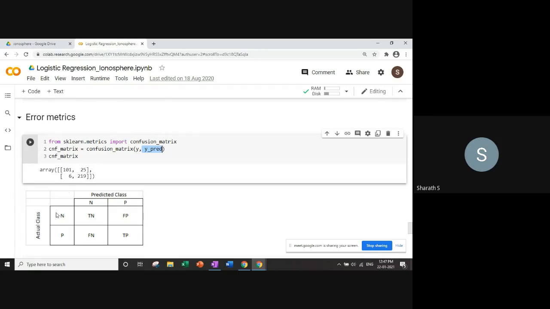Okay, so for the class N, a bad radar return was the actual class, and the predicted class was also N, so true negative. It predicted a bad radar return as a bad radar return 101 times, and a good radar return as a good radar return 219 times correctly.